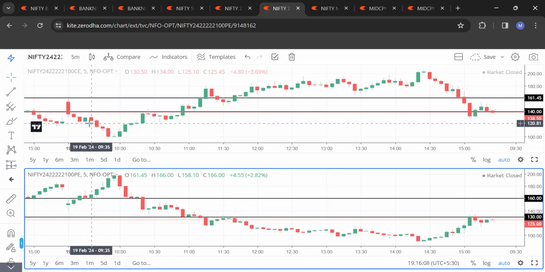It's simple. See, downfall is always fast. It's a physics rule that when you go up, you have to use all of your energy. Just take the example of driving in a ghat section. Your vehicle has to be in first gear and it goes up very slowly.